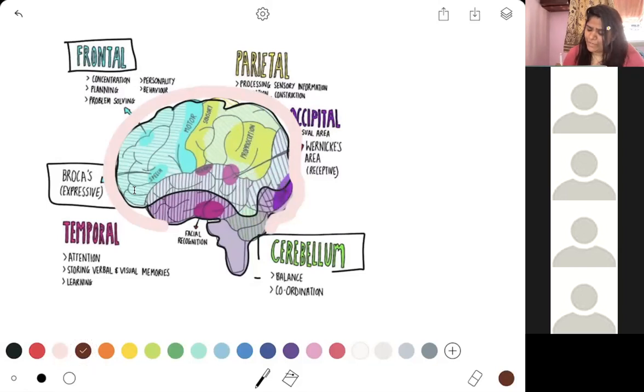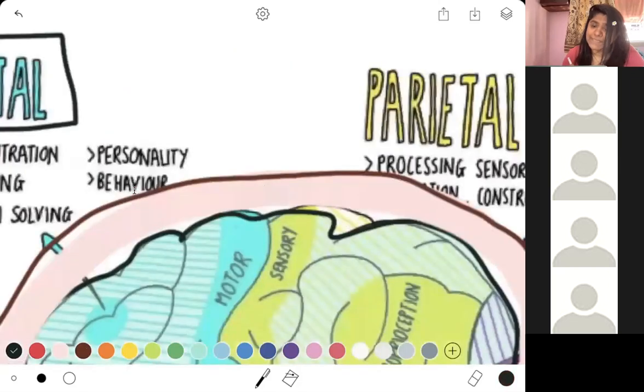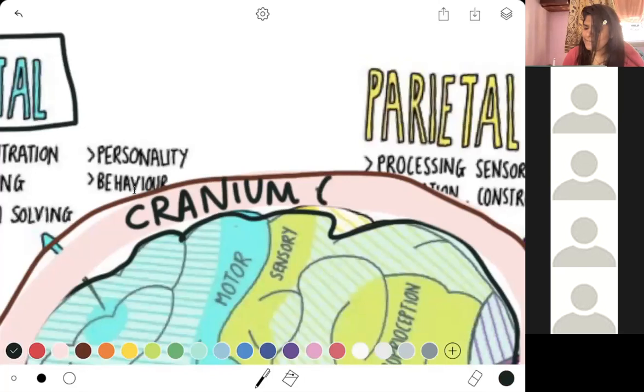Right on top of this cranium you're going to have layers and layers of skin like this. This part of the skull is called the cranium. Am I writing the spelling right? No, I'm not. Cranium. This is the skull. It is bony.